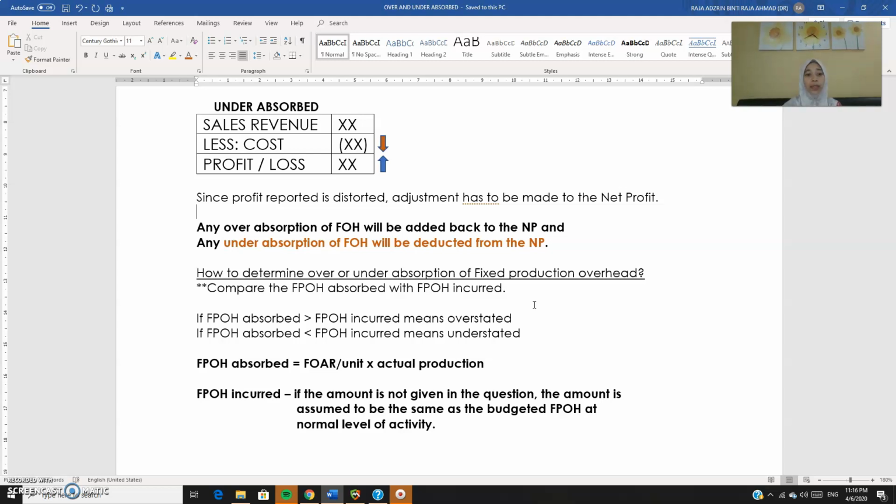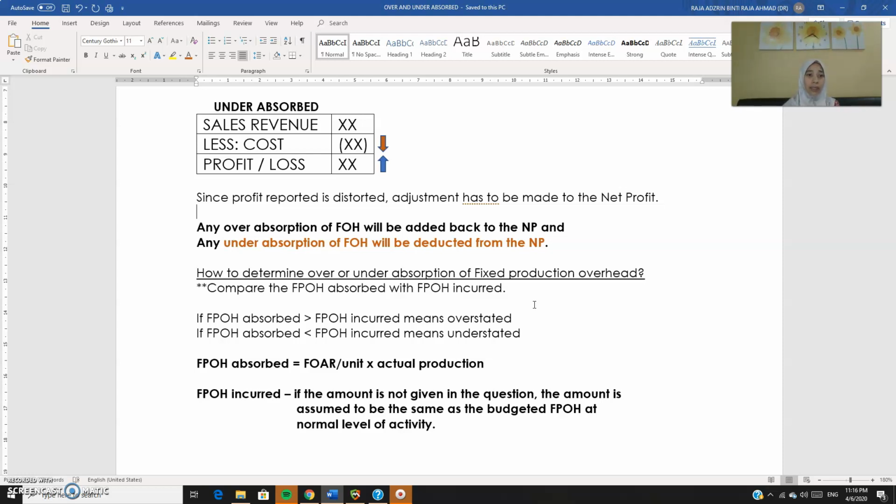How do you calculate the fixed production overhead absorbed? That will be your fixed OAR per unit times your actual production. As for the fixed production overhead incurred, if the amount is not given in the question, you assume it to be the same as the budgeted fixed production overhead at the normal level of activity.